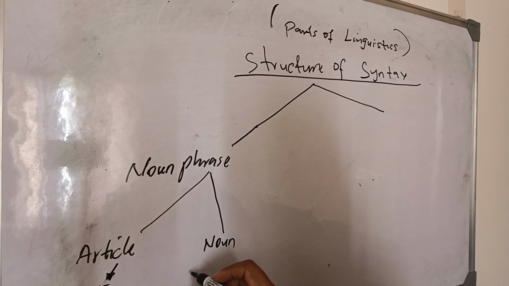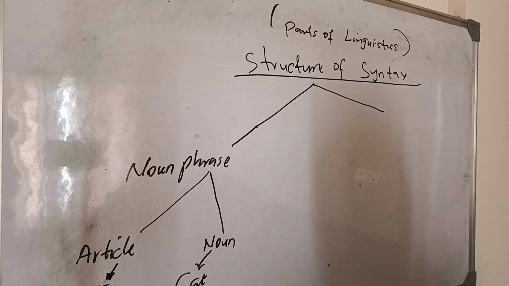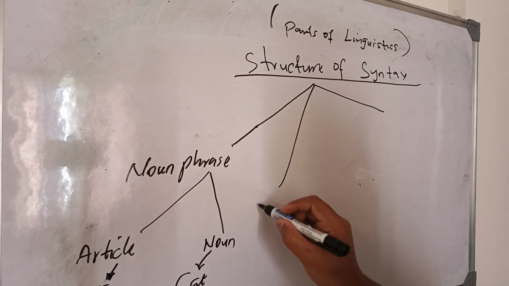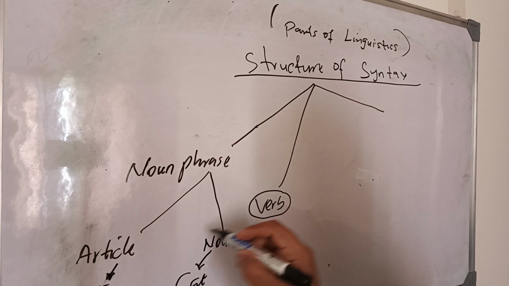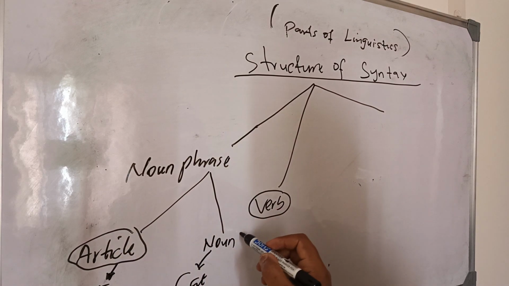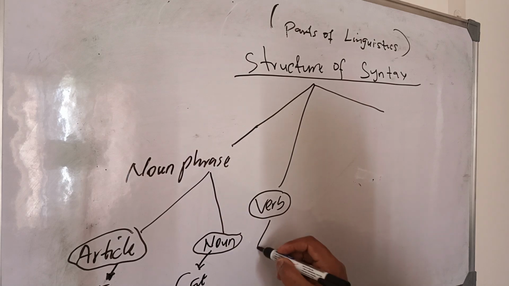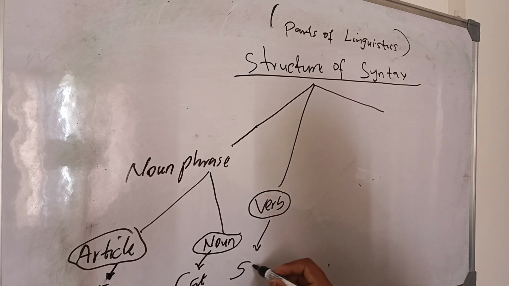This is a noun, the dog or a cat. Then it has a verb. The verb will come like this: a verb, article, noun. So the verb is, the cat, let's say sat.